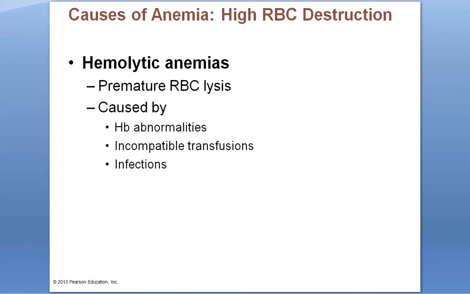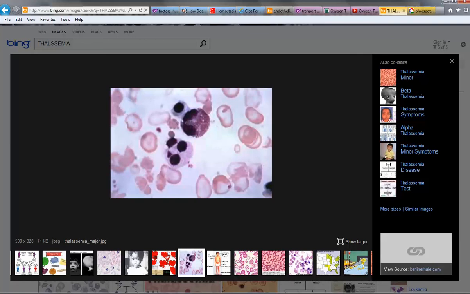Another type of anemia is thalassemia, which tends to occur in people of Mediterranean ancestry, so those that live around the Mediterranean in southern Italy, in some of the northern African nations, Greece, and Cyprus. What this particular disorder produces, due to a genetic mutation, is a lack of one of the beta chains in hemoglobin, or a faulty chain, or it can occur in the alpha chains as well.